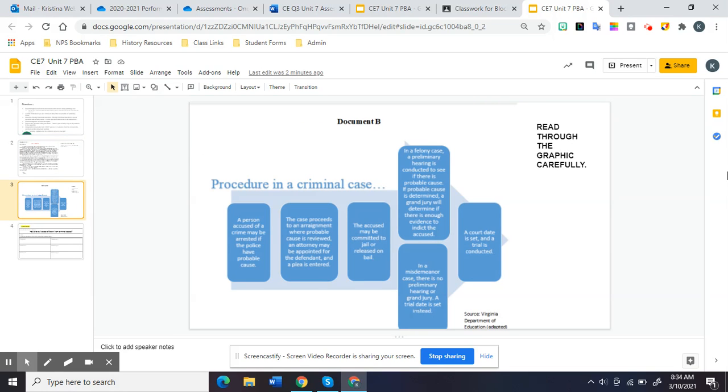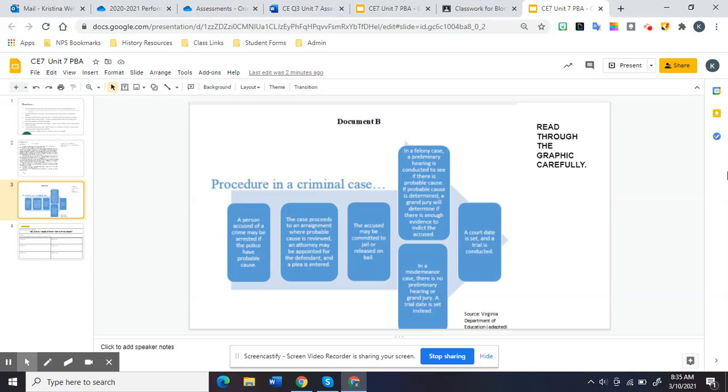Document B, procedure in a criminal case. Box 1. A person accused of a crime may be arrested if the police have probable cause. The case proceeds to an arraignment where probable cause is reviewed. An attorney may be appointed for the defendant and a plea is entered. The accused may be committed to jail or released on bond.